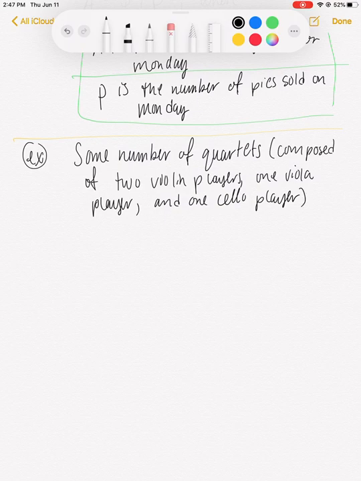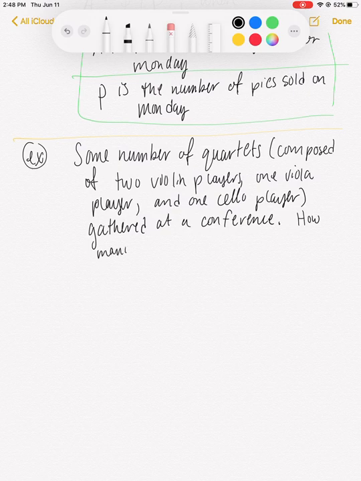Okay, some number of quartets gathered at a conference. How many players attended the conference?